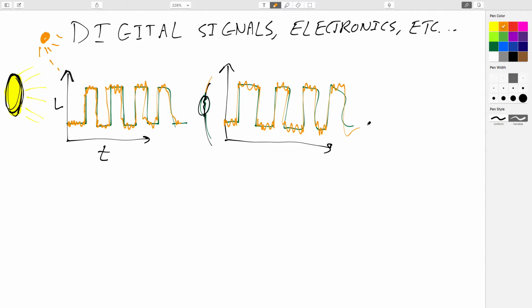But the neat thing is, what digital electronics cares about is not so much what the exact value is. It's really more, am I above or below a certain level? So we could say down here, let's call this the low region for signals, and up here, in green, is our high region of signal.